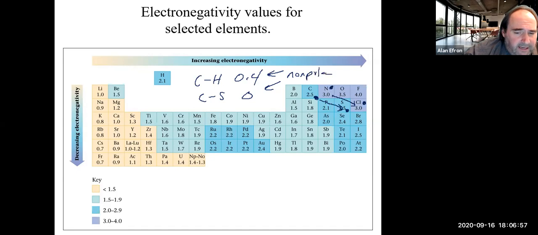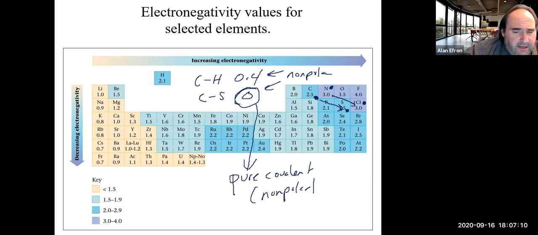And as I've been saying earlier, when you do have a difference here, some people will call it a pure covalent bond. It is still technically a nonpolar bond, but sometimes people will call it a pure covalent bond to imply that you got that perfect equal sharing of electrons.